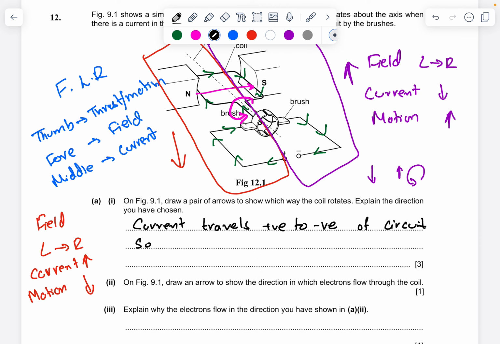So the force on the left side is downwards, and on the right side it is upwards.